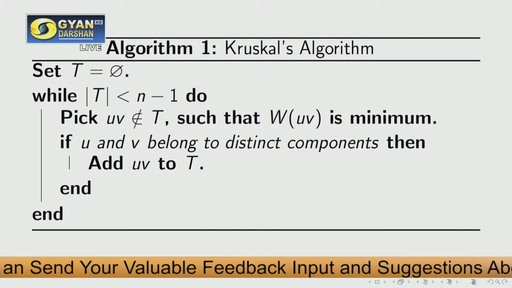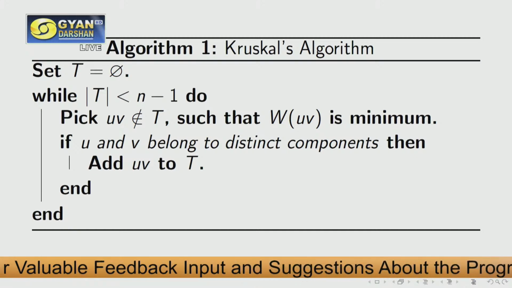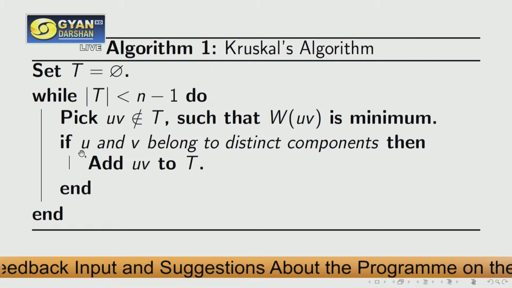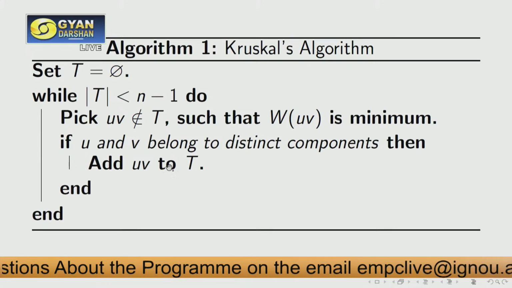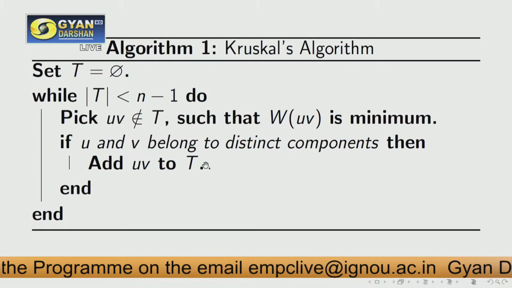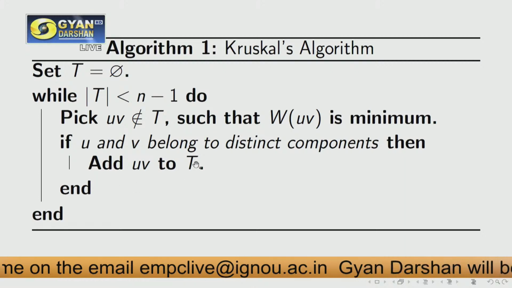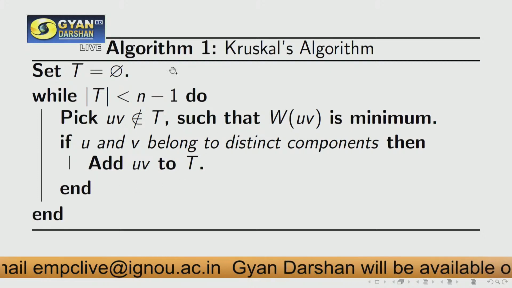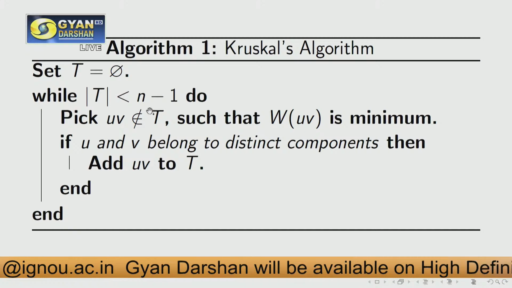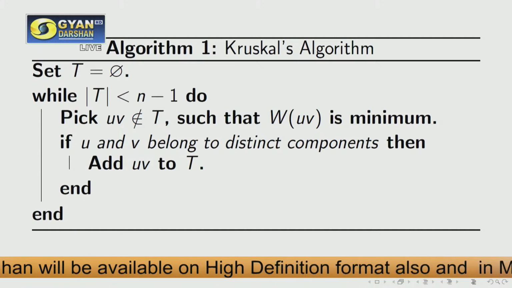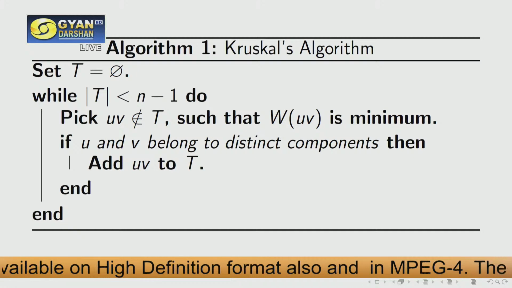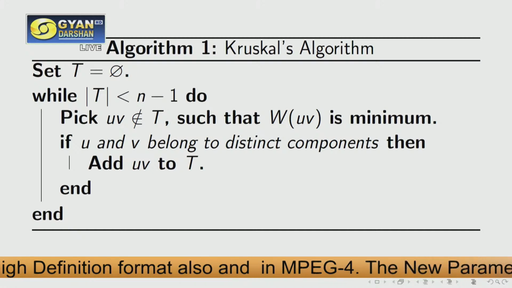Once we have selected such an edge, we check if U and V belong to distinct components, and then add the edge UV to T. We keep repeating these statements as long as T has fewer than n-1 edges. After termination, what we get is a minimum spanning tree.